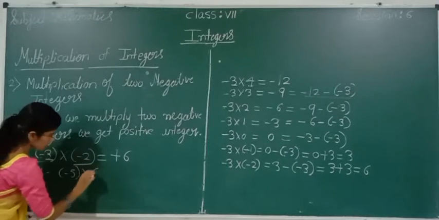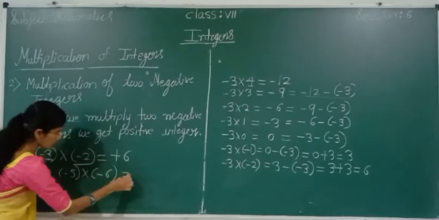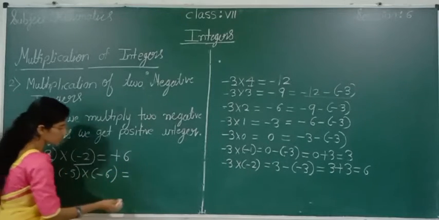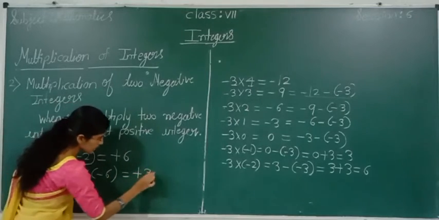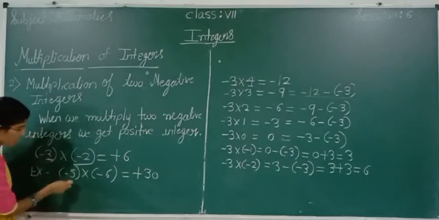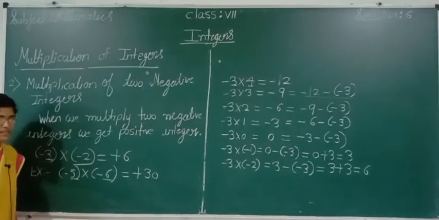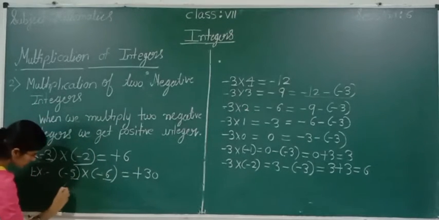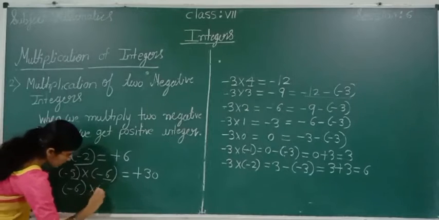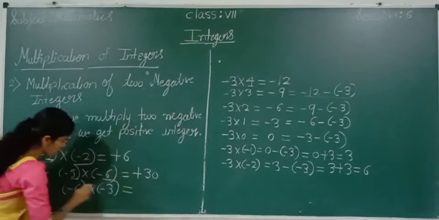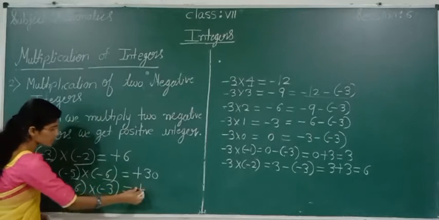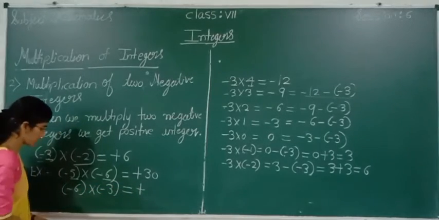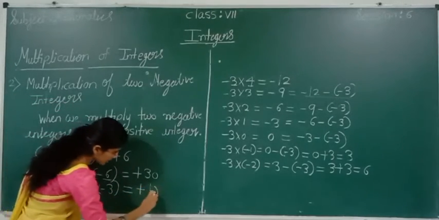So you can take different examples also. Minus 5 into minus 6. When we multiply two negative integers, we will get a positive integer. 6 5s are 30. Multiply these numbers as whole numbers. Now see, minus 6 into minus 3. Minus minus plus. 6 3s are 18.